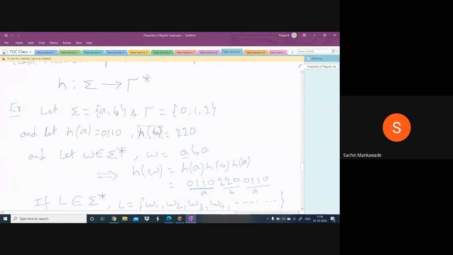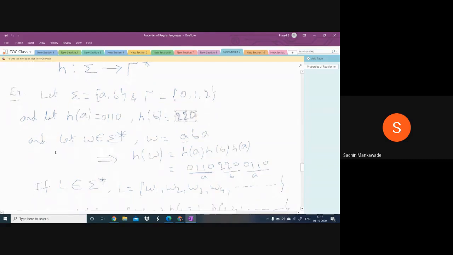Here sigma is AB, therefore h of a is something over tau star. Here I have given 0, 1, 1, 0, or it can be only 1, 1, or 0, 0, or 0 only, or 2, 1, 0. It can be anything. H of a will be something. Similarly, h of b will be something.